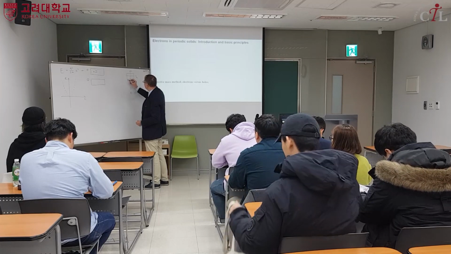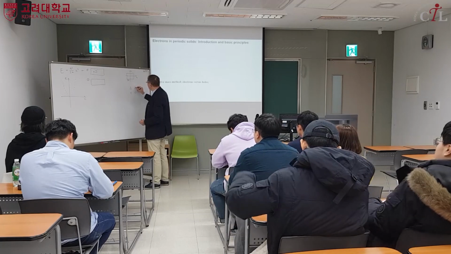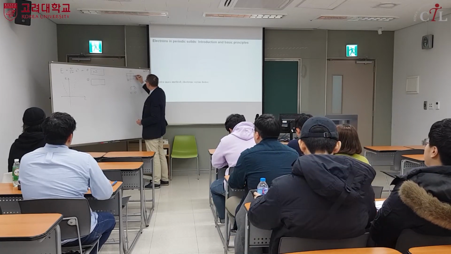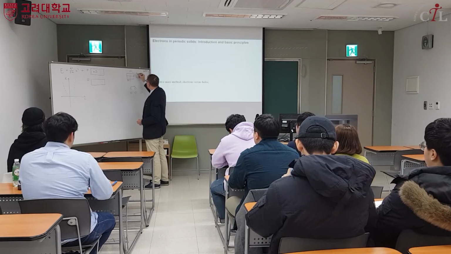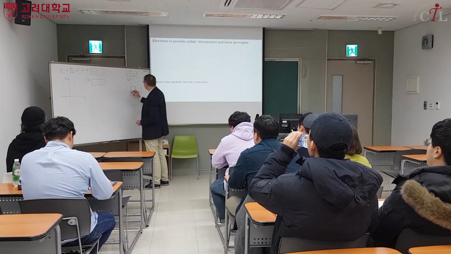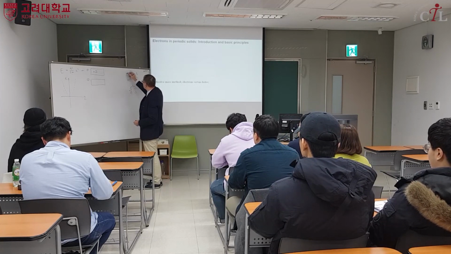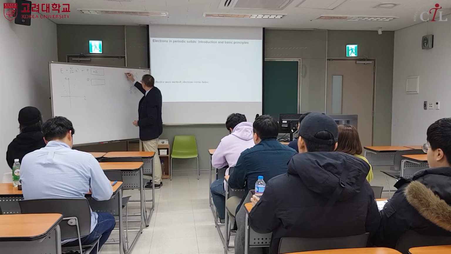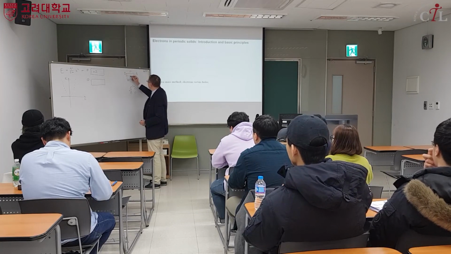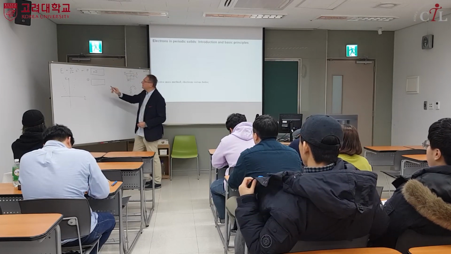This is our Brillouin zone. If the distance is a, then this point would be pi over a, and in a cubic lattice this is also pi over a here. So this is our electron, with k vector k.